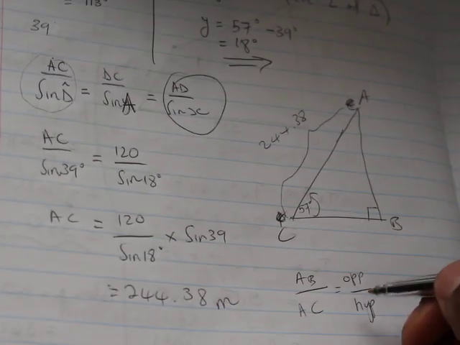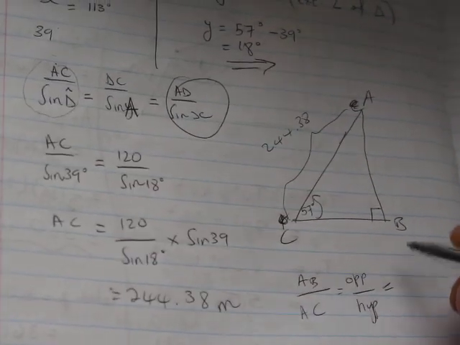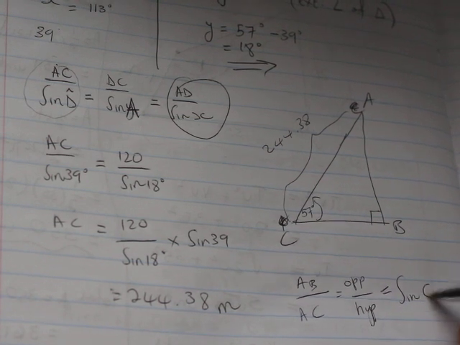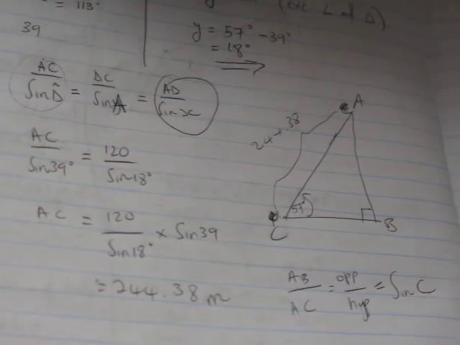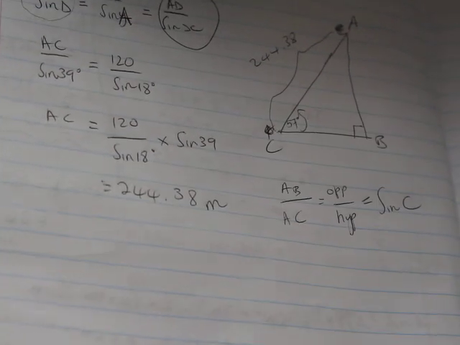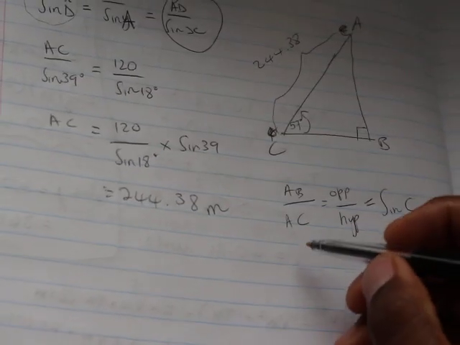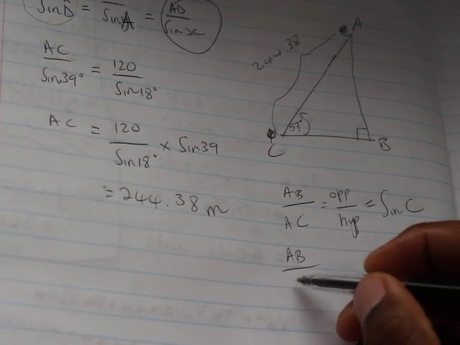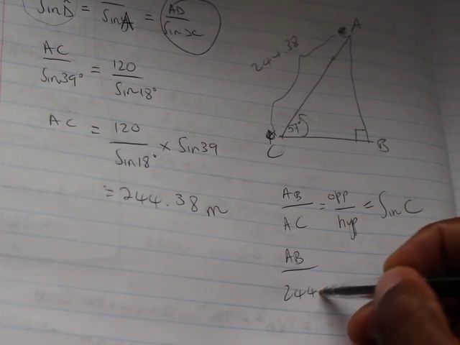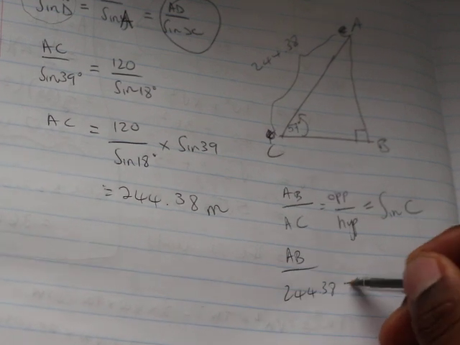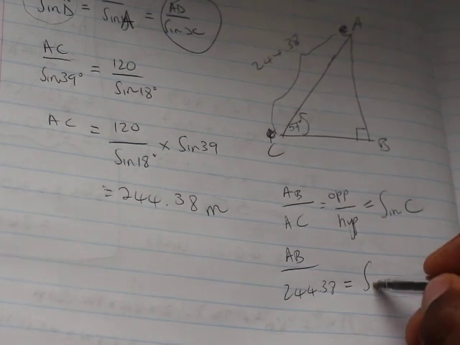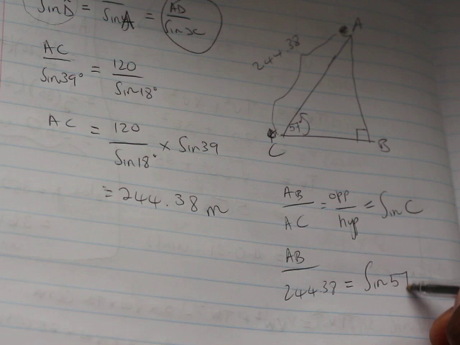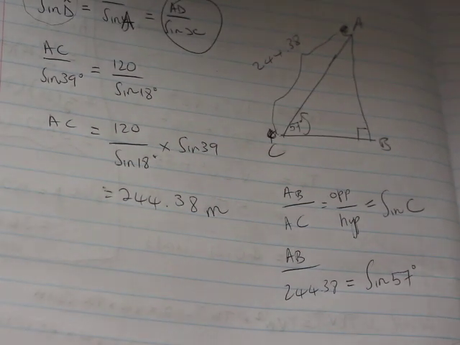Opposite over hypotenuse, that's trig ratio what? Sine of angle C. So we're just gonna say, we know AB is unknown, but AC is 244.38, and this is equal to the sine of angle C, which is just 57 degrees.